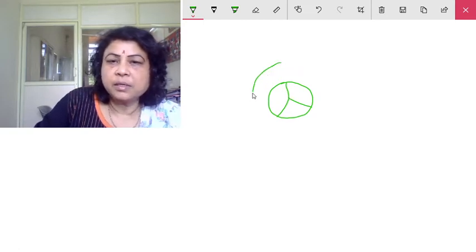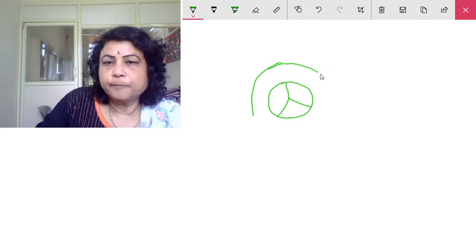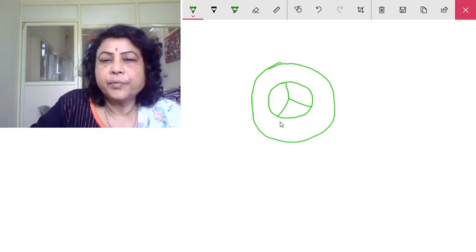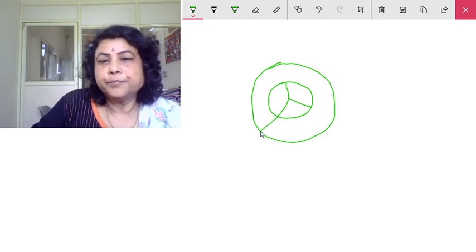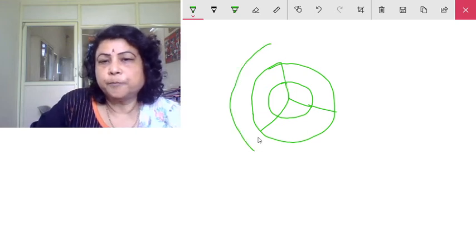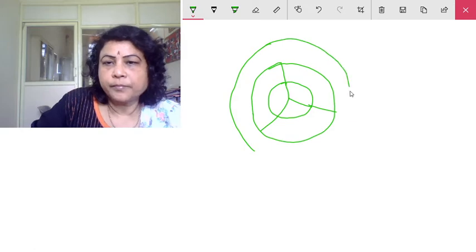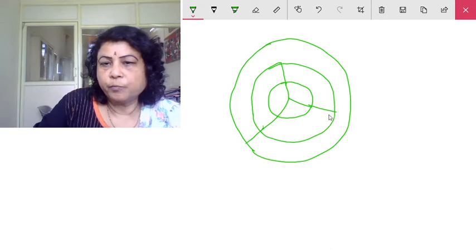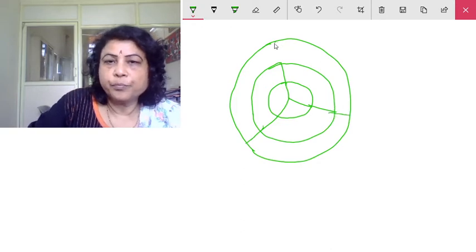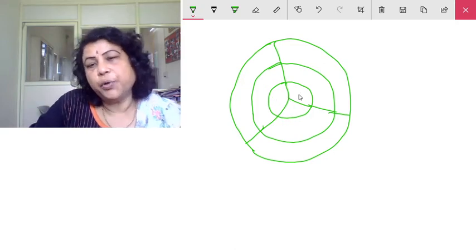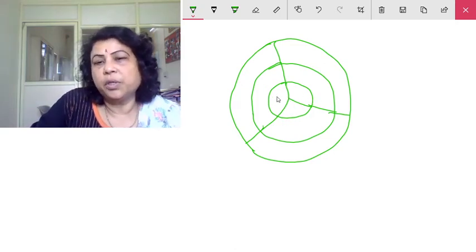Okay, it is a circle. The innermost circle is for the ovule, or it is for the female.